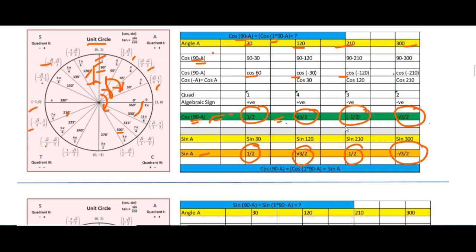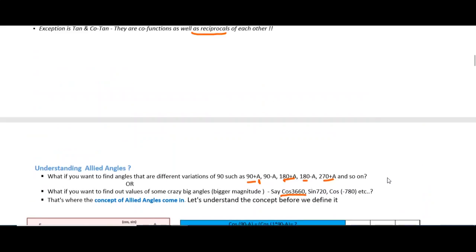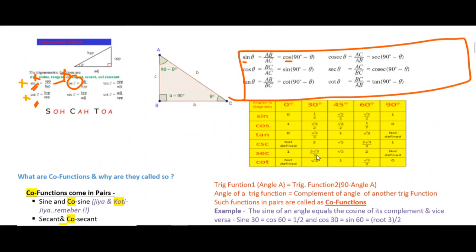If you see these values here, they not only match in the numerical value, they also match perfectly with the algebraic sign. So wherever there is positive, there is positive. Wherever there is negative, right, over here. So that means we can safely conclude what we spoke here from a conceptual standpoint.